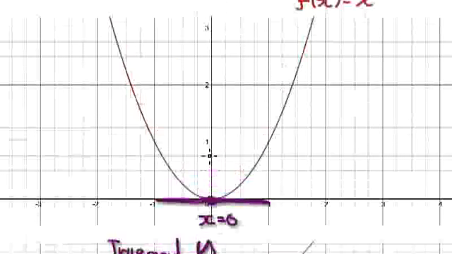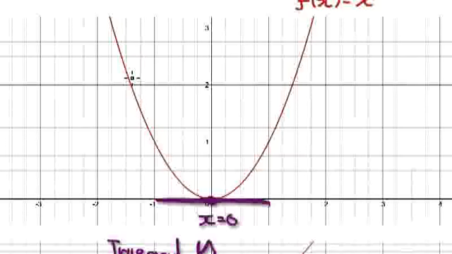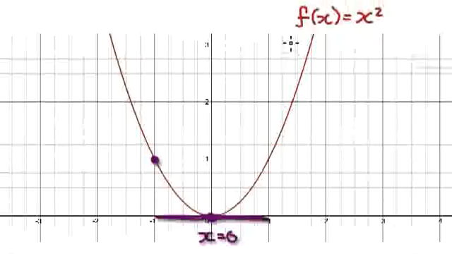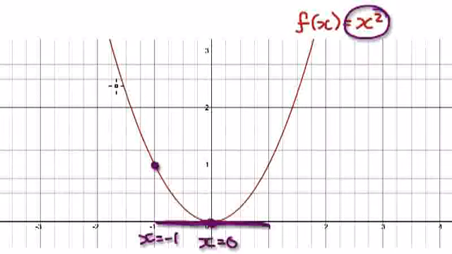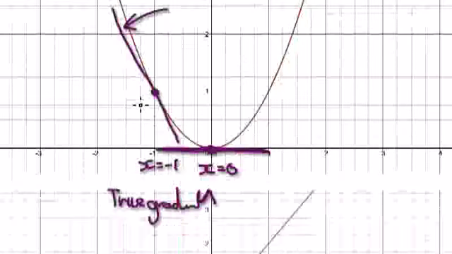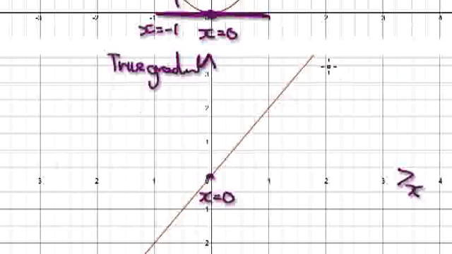Now, let's say you want to find out this point here at x equals minus 1. What is the gradient of this graph at x equals minus 1? You would draw a tangent line looking something like this. So you can see the gradient is a negative gradient. Now jump to our gradient graph.